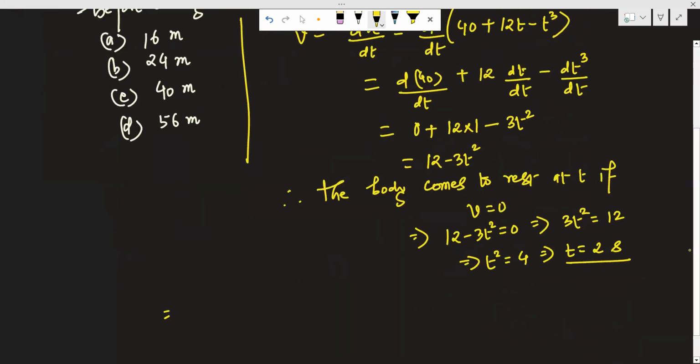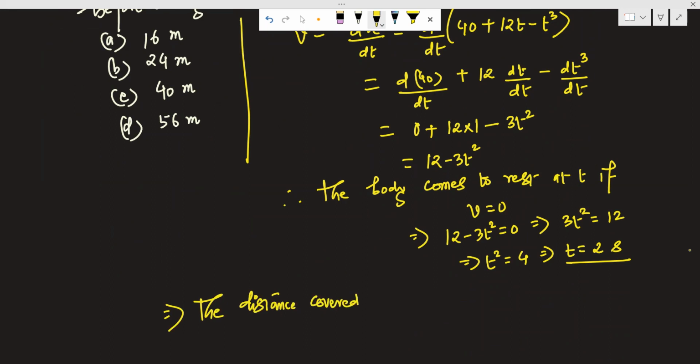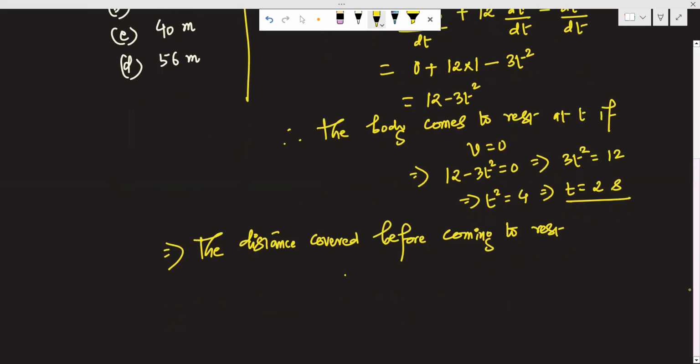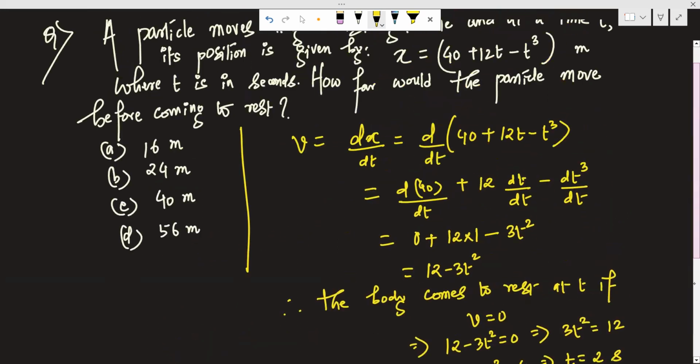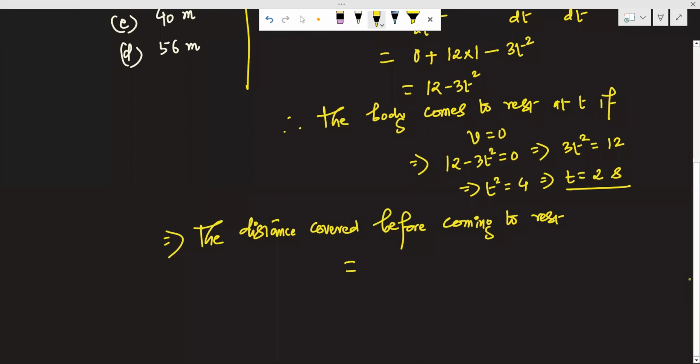Right? Therefore, we can say the distance covered before coming to rest will be equal to what? It will be simply integration of v dt from 0 to 2.